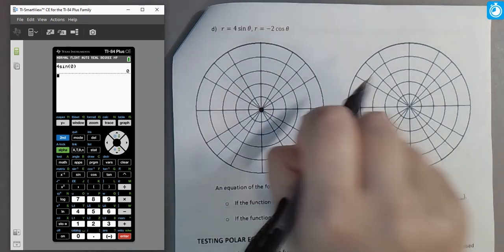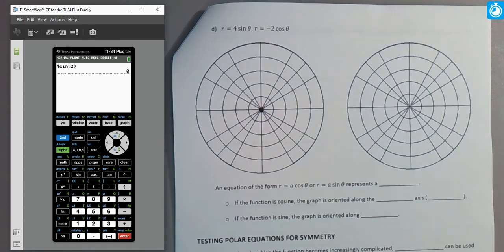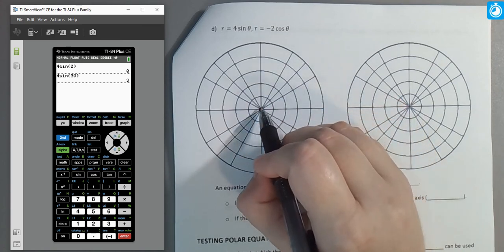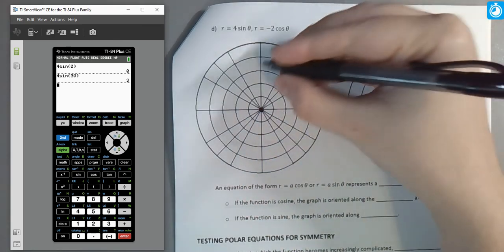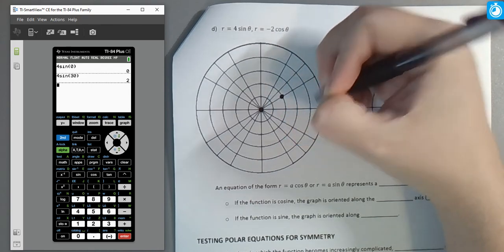Okay, now what happens if we rotate? So suppose we rotate to pi over 6. So that's going to be 4 times the sine of pi over 6, or in degrees, 30 degrees, which takes us to 2. So when we're at pi over 6 radians, or 30 degrees, we're on the second ring. Okay, let's keep going.